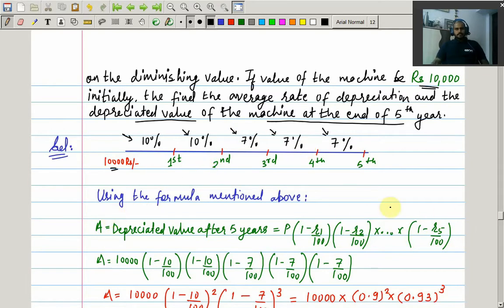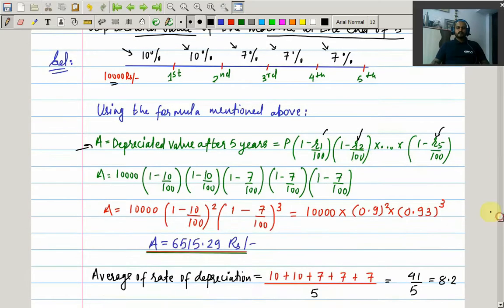Now using the above formula, the depreciated value after 5 years. We have 5 different rates, so I have 5 different brackets to multiply. And this is how it looks: 10, 10, 7, 7 and 7. We just need to simplify or calculate this on non-scientific calculators.